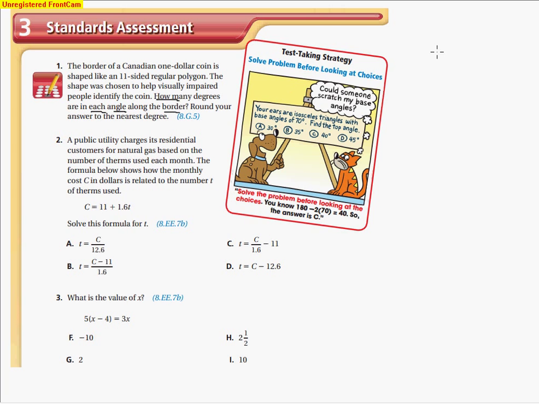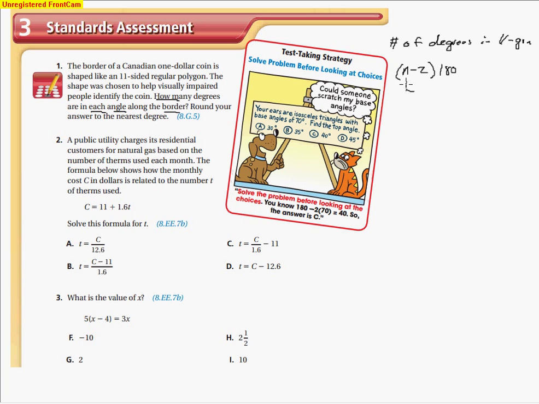Well, first thing I need to do is find the sum of the degrees in the 11-gon, the 11-sided figure. I'm going to use this formula, n minus 2 times 180 degrees.